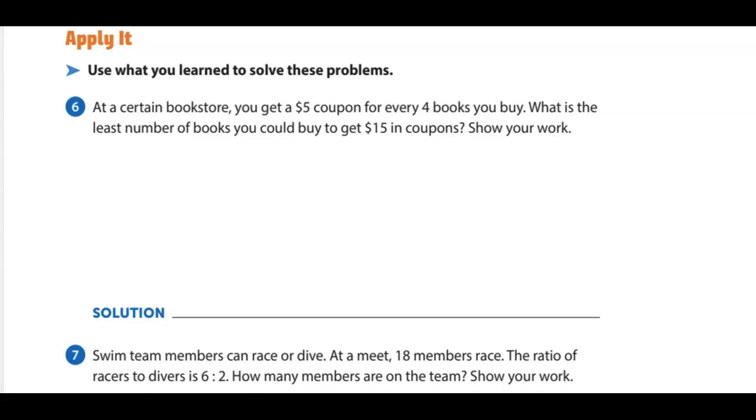So if we got a $5 coupon for every 4 books, our constant of proportionality, books to money, is simply 4 over 5, right? So y, our books, is equal to 4/5 x, our coupon money.